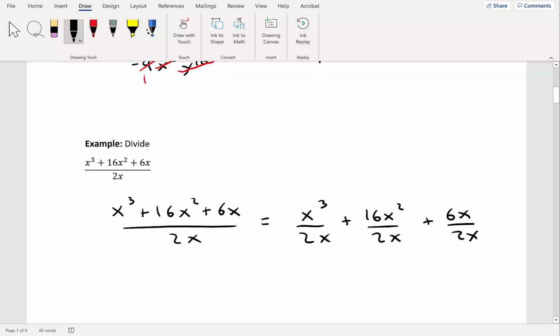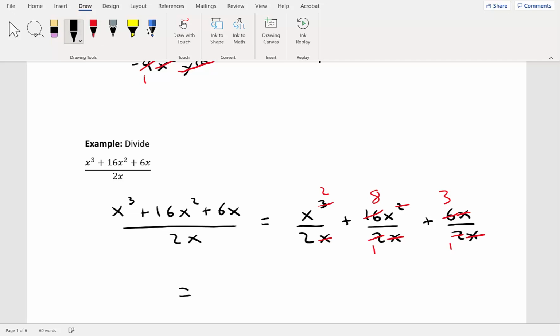And now we just have 3 separate fractions to simplify. For the first fraction, one of the x's cancels out with one of them in the numerator, leaving me with 2. Next fraction, I can simplify the coefficients. 2 goes into 2 once, and it goes into 16 8 times. And also this x cancels out with one of the x's in the numerator. And then our last fraction, 2 goes into 2 once, and it goes into 6 3 times. And for these, both x's cancel out.